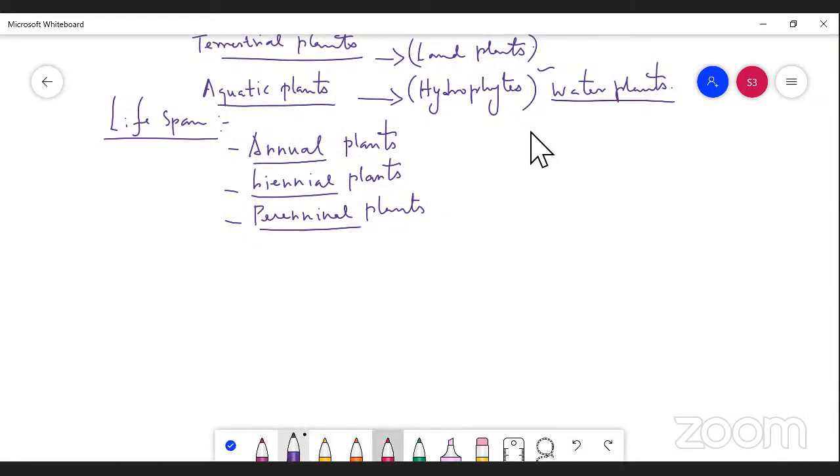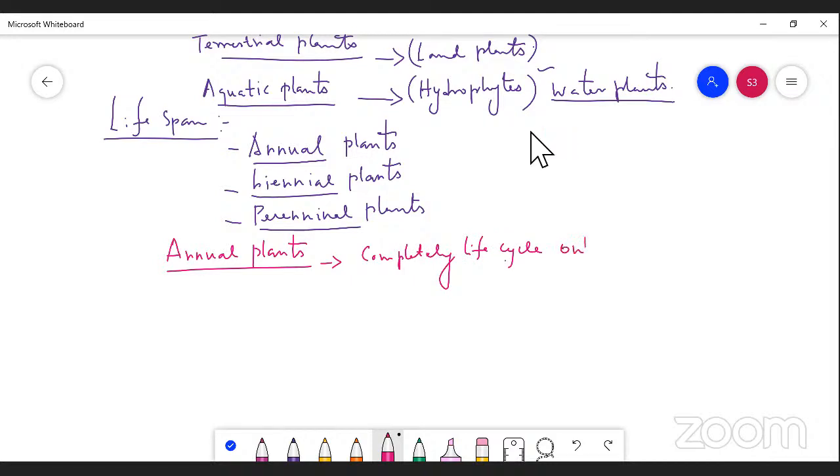They complete their entire life cycle, from flowering to fruiting, in only one season.